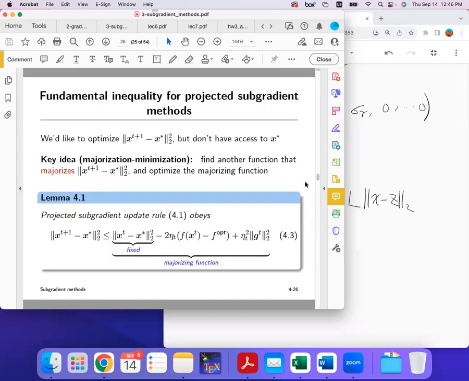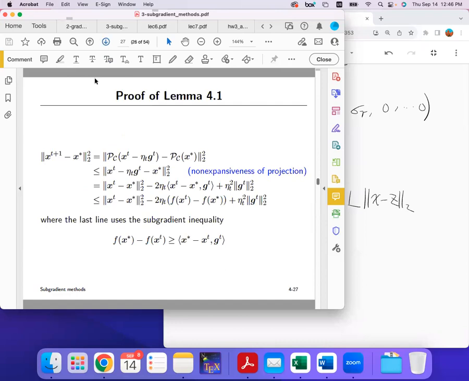Okay, the proof is actually pretty simple. We basically start from the t plus 1, okay? And notice that x_{t+1} equals this one by the update rule of the projected subgradient descent. So this is plugging in the definition of x_{t+1}. This is the algorithm update.